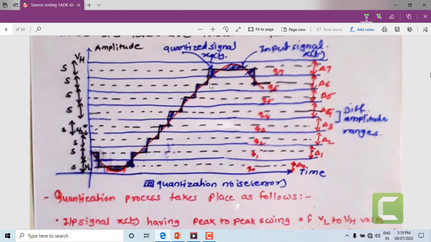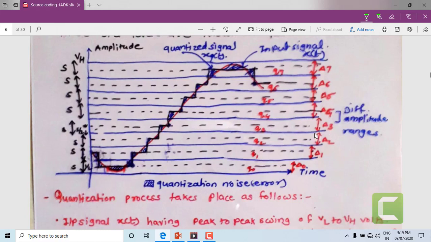On this x of t, we have given different markings with blue lines, and from one blue line to the next we have marked delta 1, delta 2 and delta 3. These are the ranges of amplitude levels which will be rounded to the nearest predefined value.